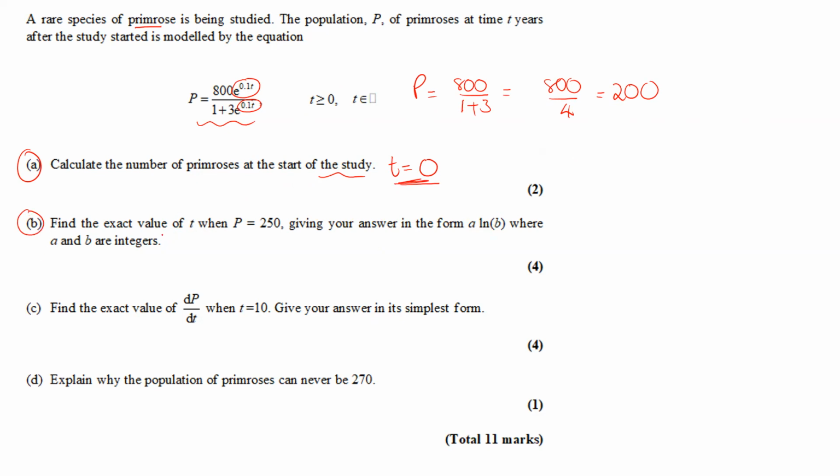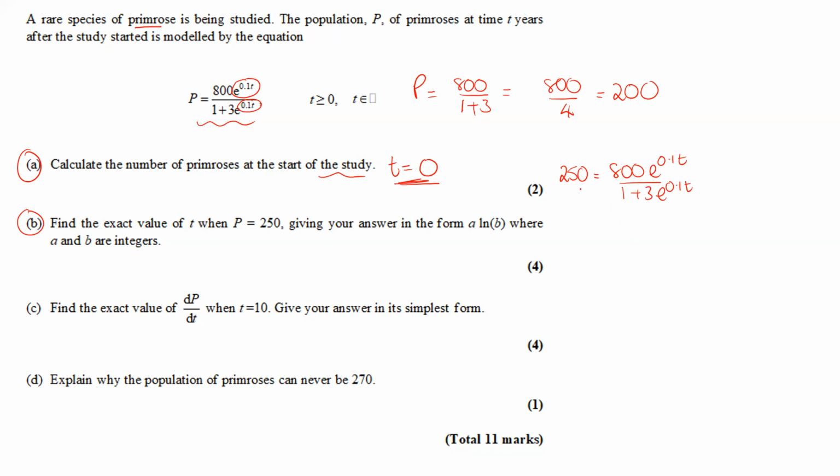Part B, find the exact value of t when P is 250. So we need to put in 250 is equal to 800 e to the 0.1t over 1 plus 3 e to the 0.1t. Now we're just going to divide by 800.